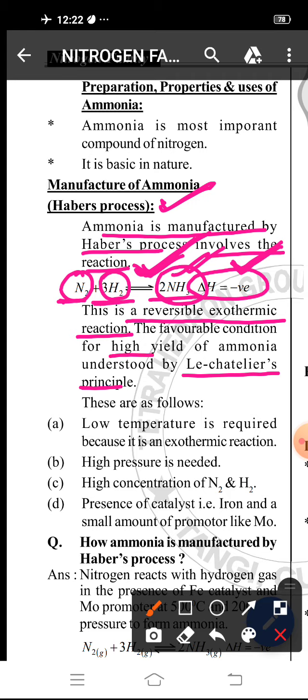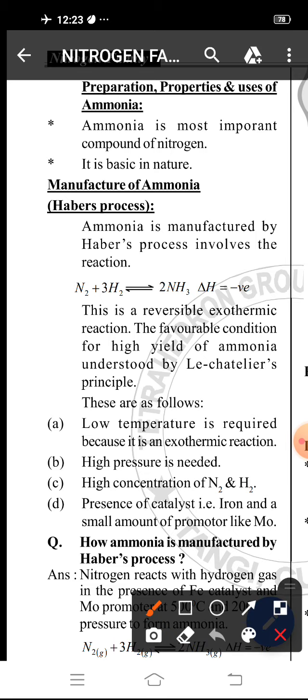For a high yield of ammonia, Le Chatelier's principle is taken into consideration. First condition: since the ammonia preparation is an exothermic reaction, low temperature is required for production of ammonia.